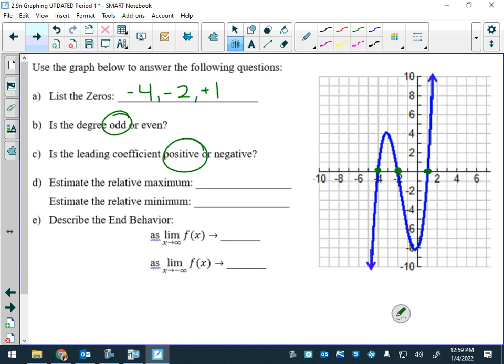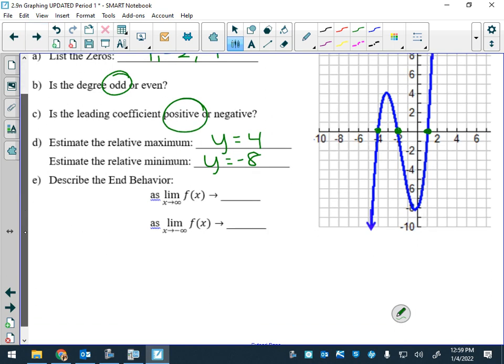What would be the maximum, roughly? Danielle? Y equals 4, good. And what is our minimum? Liam? Y is equal to negative 8. Today we're actually going to find the actual max and mins of these using our calculator.